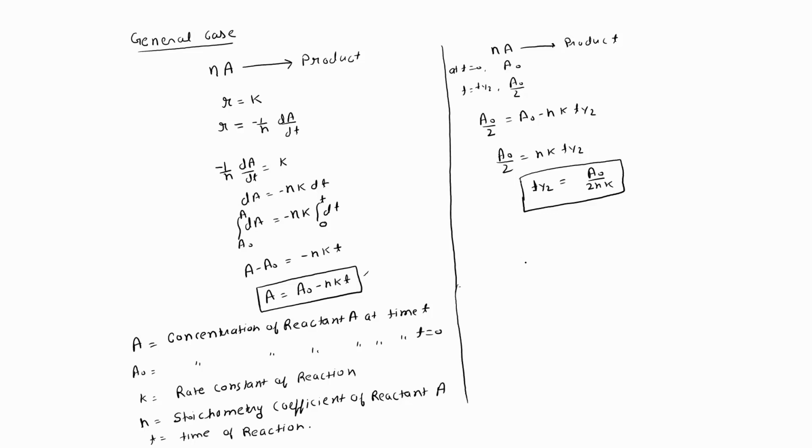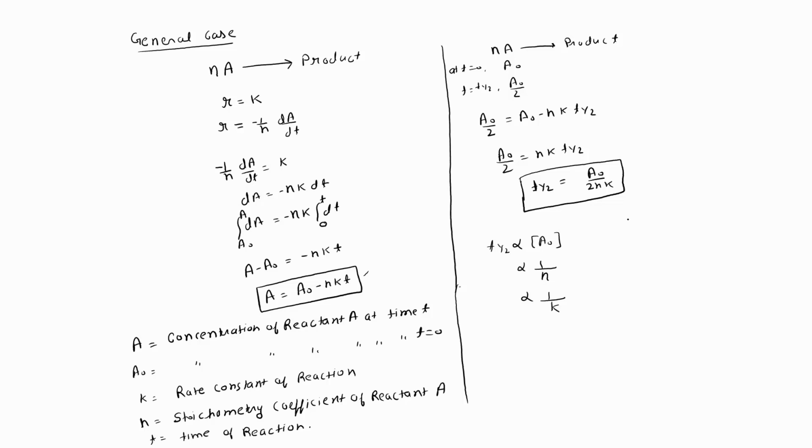Similarly here, t half is directly proportional to the initial concentration, inversely proportional to your stoichiometry coefficient, and inversely proportional to your rate constant.